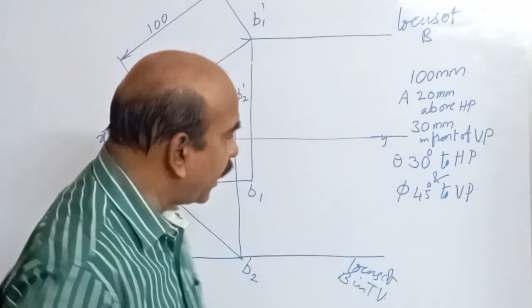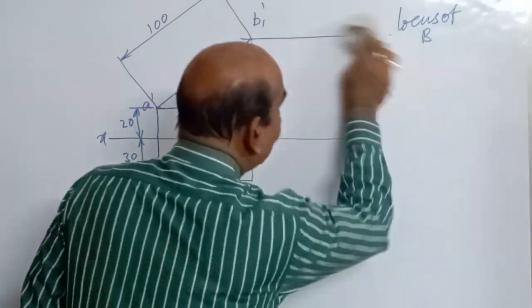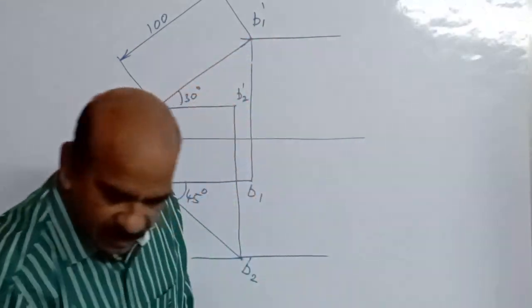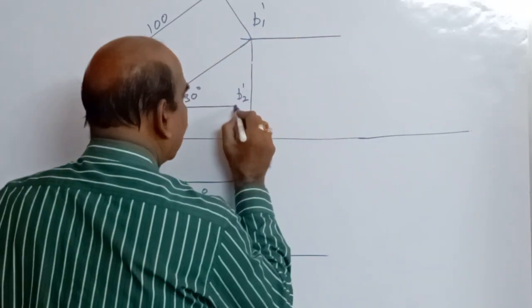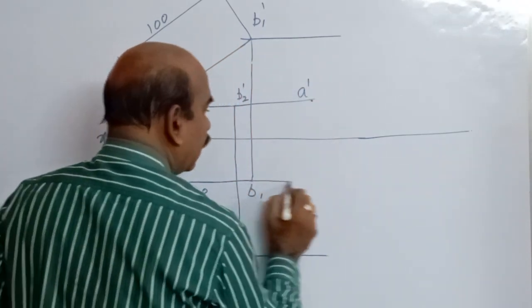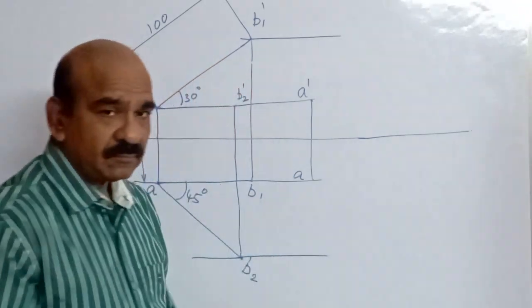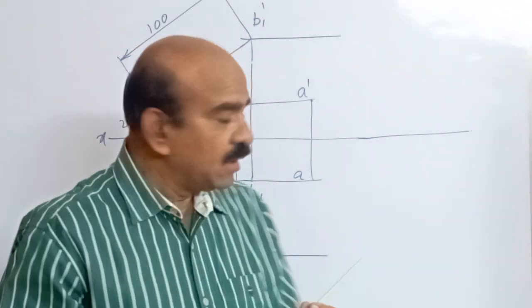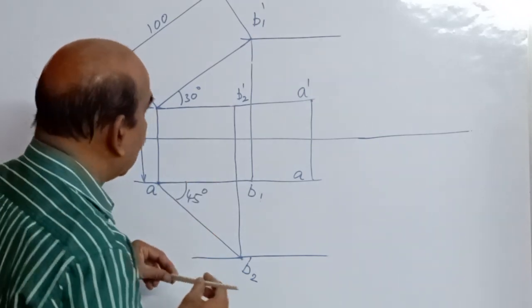Keeping them, now I will erase this. I draw freshly here. The point A is at this distance, that is A dash. A here. Now, the front view, right?